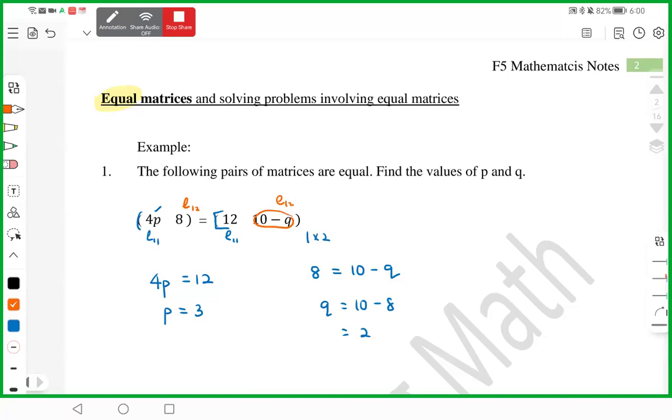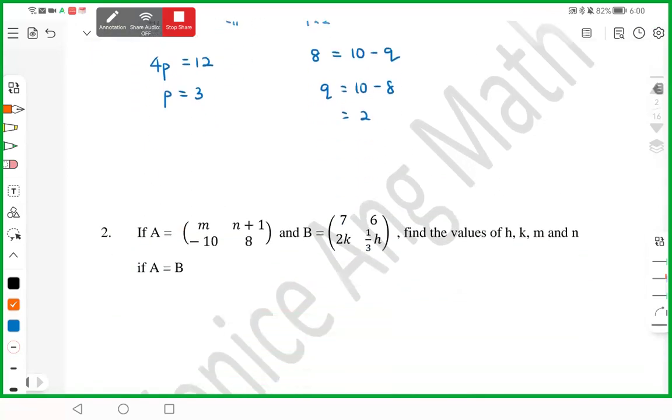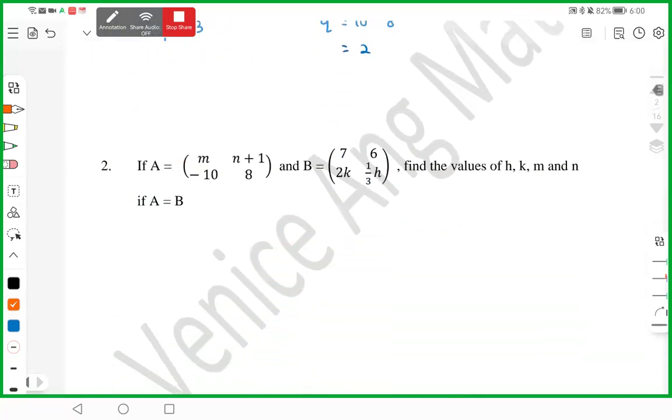Equal matrix, very simple, exactly the same. Now, how do we tell that A and B are equal matrices? Matrix A is the same as matrix B, so it means equal matrix.